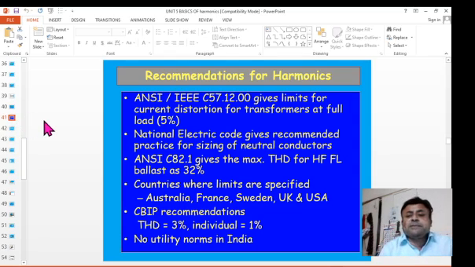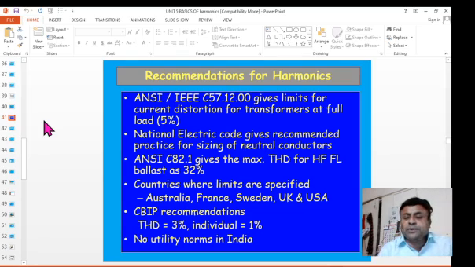So recommendations for harmonics, as we have seen in the previous slide, are given by a number of statutory organizations, and these are ANSI/IEEE C57.12. It gives the limit for current distortion for a transformer at full load, which is 5%.